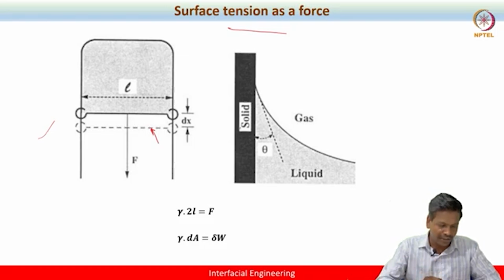You can see clearly that because the surface tension acts downward in this case, it will pull this wire inward, inside.